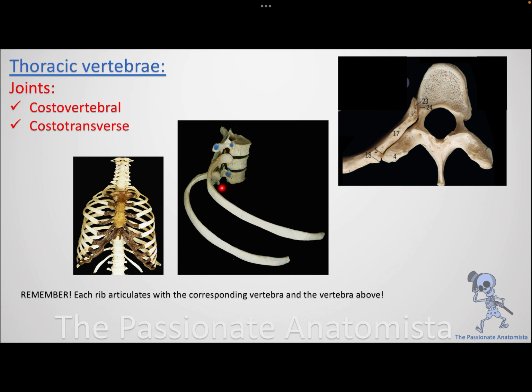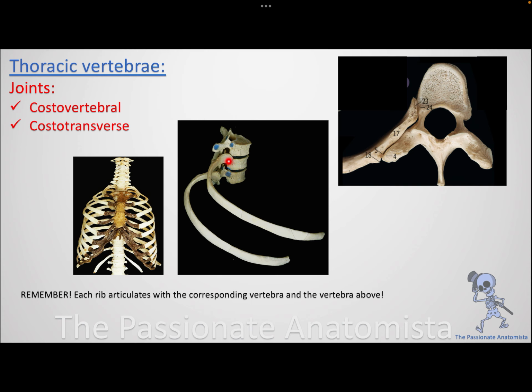So for the ribs, we have head, neck, tubercle, angle, and then shaft, and then the costal cup, to articulate with the costal cartilage anteriorly and then the sternum. So we have joints between the ribs and the thoracic vertebrae.